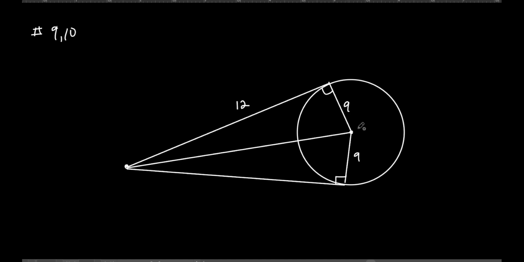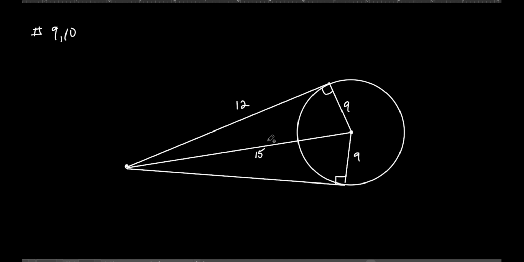Why 15? Because look, what divides evenly into 9 and 12? 3. 3 goes into 9 3 times, into 12 4 times. So this is 3 times 3. This is 4 times 3. So this is 5 times 3, which is 15. Now, I don't know if I put that on there or not, but just in case, all right?